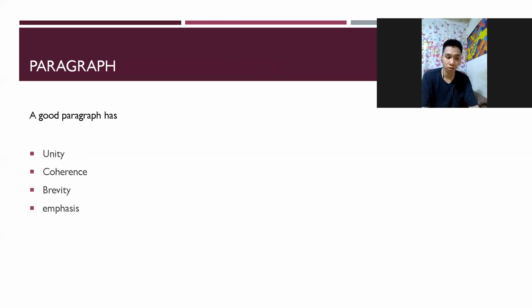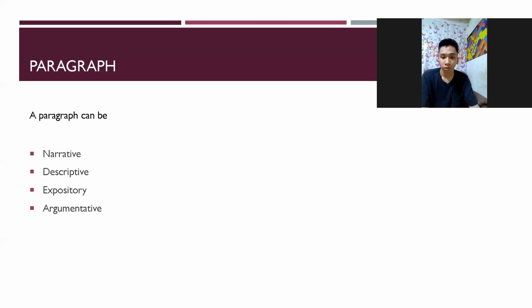Coherence means the transition from one idea to another is very smooth and easy to understand. Brevity, or brief, means your paragraph must be concise and precise. Emphasis is emphasizing the main topic or primary topic of your paragraph.